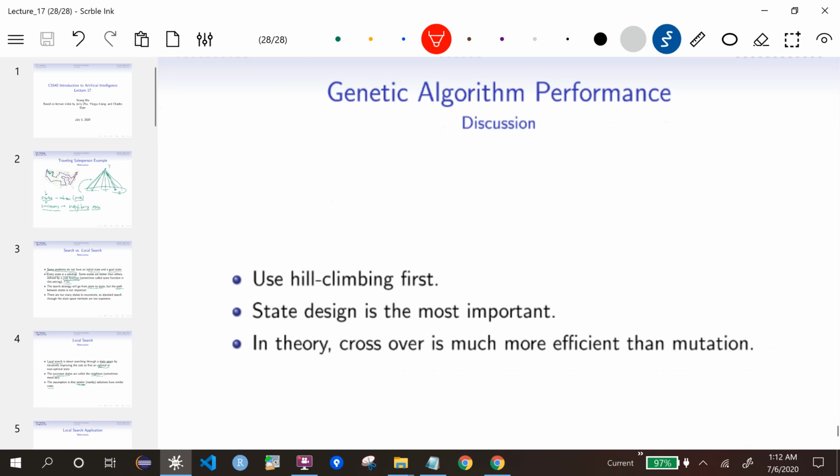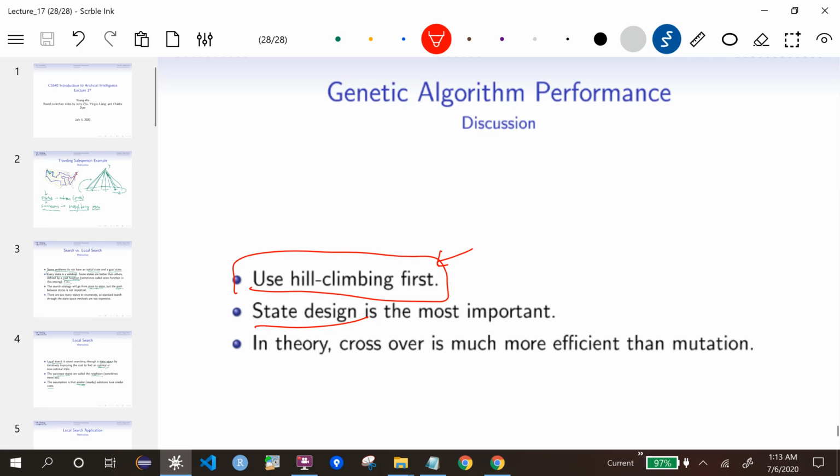As I said at the beginning, the algorithm is not as good as hill climbing in general. So we still prefer to use hill climbing for these local search problems anyway. And the same problem as with hill climbing, the way we design the states, the way we design the strings, becomes very, very important, because crossover of strings needs to be a meaningful state crossover so that the children still make sense.